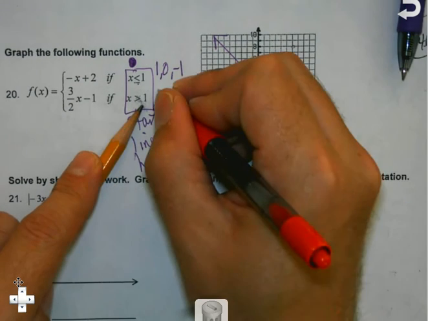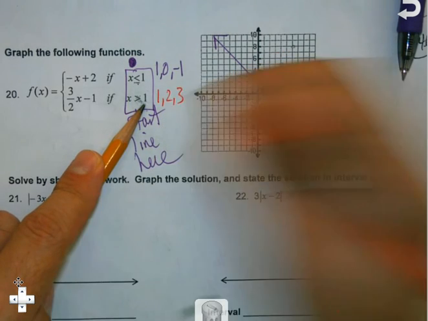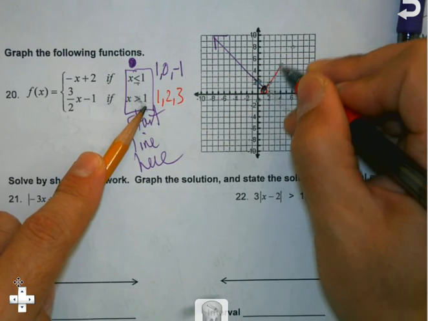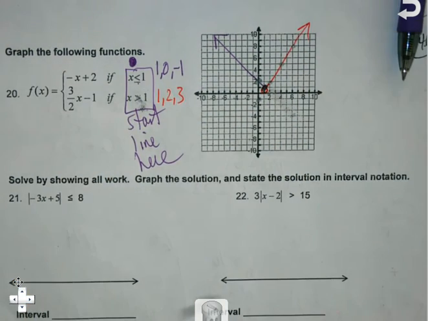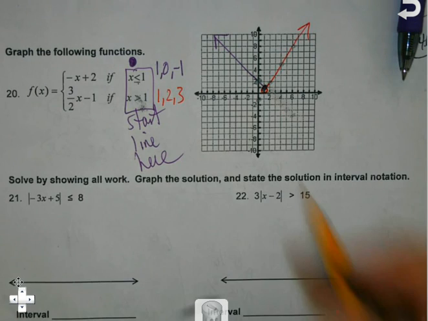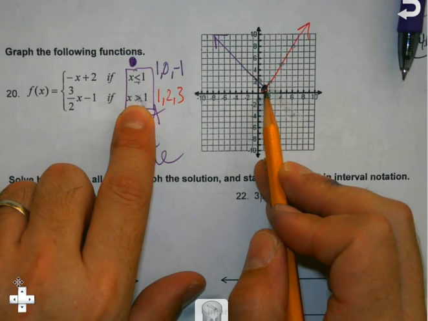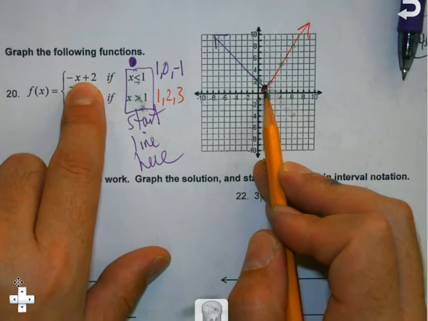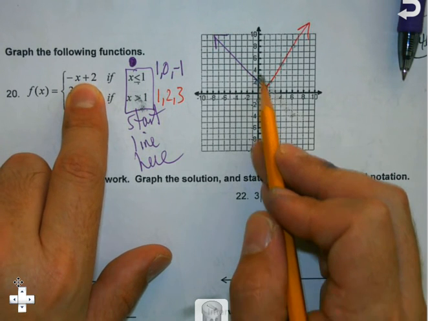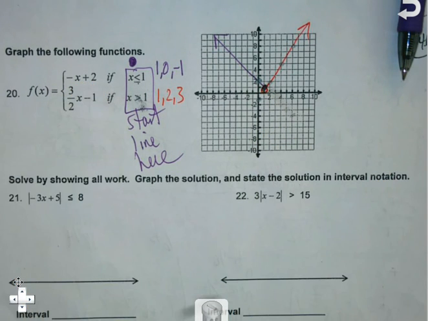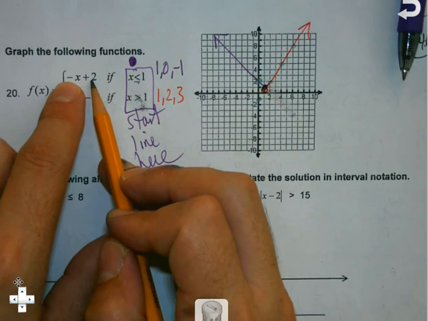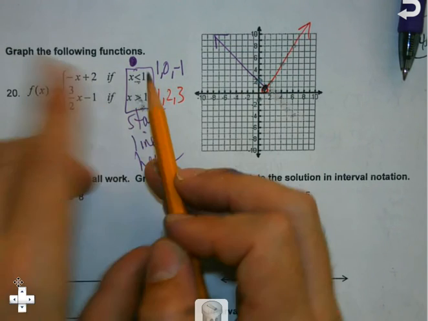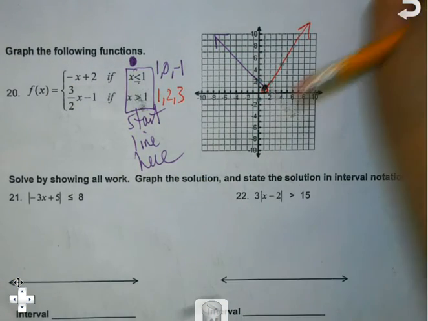And here, since the values are greater, it tells me I'm going to go to the right. Connect the dots, and I'm done. But notice, both lines start at x equals 1, but it doesn't mean the intercept moves with it. Like I start here and I go up 2 and then start. That's not what it means. Graph the line, then go back and look at the restriction for what part of the line that you want.